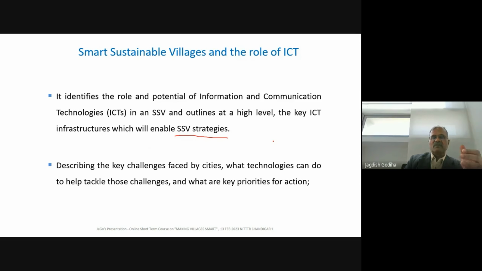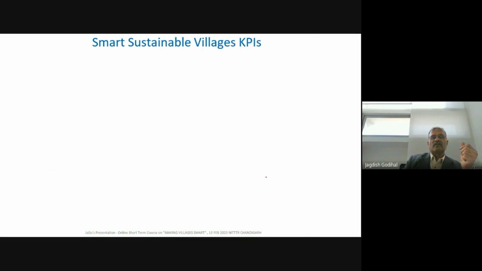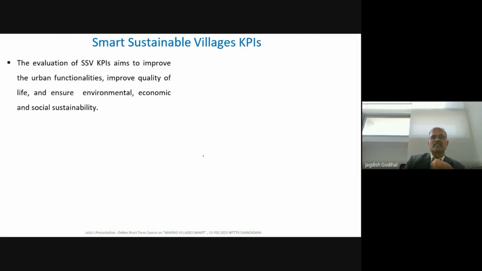As I mentioned, whether it is the sharing of equipment or a tractor, or e-commerce and all those things, or the improvement in the services, we have to look into that. There are some key performance indices that we look into in smart sustainable villages.